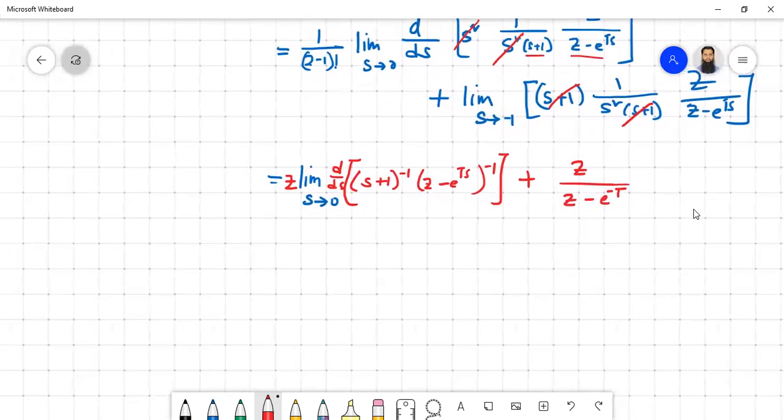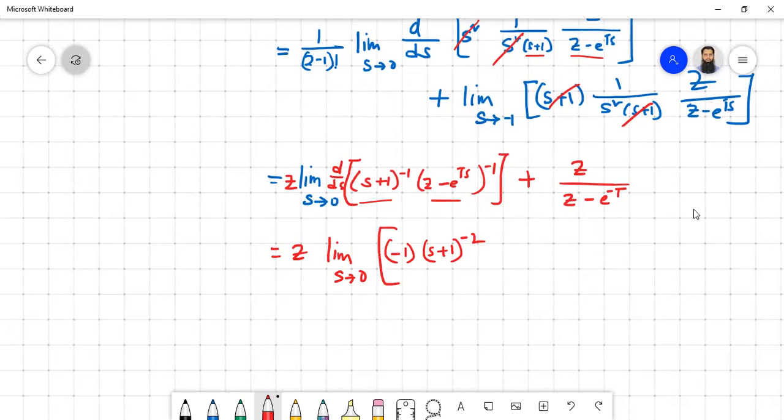So next is the multiplication formula, differentiation of uv. Use that formula here. So limit s tends to 0. Now minus 1 will come first, then (s plus 1) to the power minus 2, and the other function remains as it is. Plus, don't forget to put that one, (z minus e to the power ts) to the power minus 1.